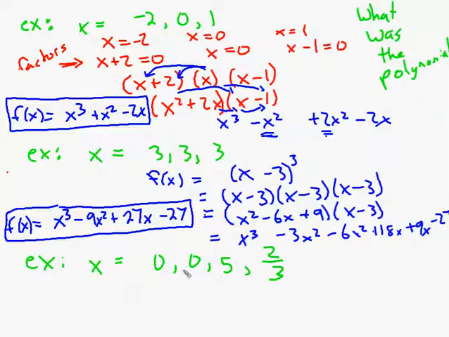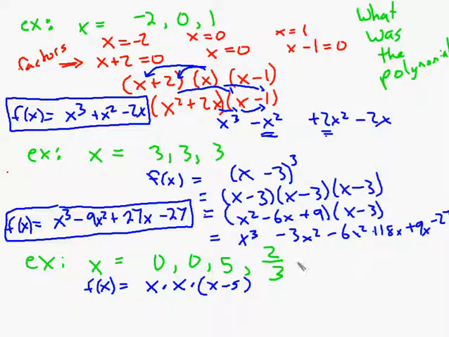Okay? Anytime I have an x equals 0, that means x. So when I write this next one, f of x is going to be x times, now this one would be x equals 5, so x minus 5. Now this 2/3 is going to be tricky.